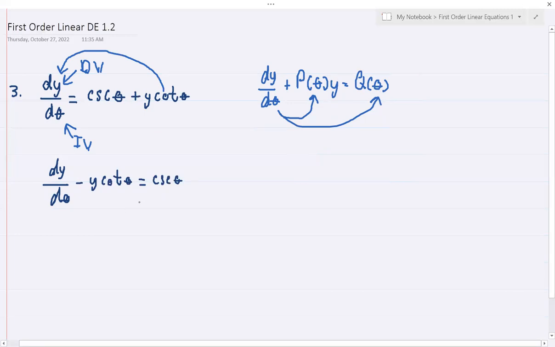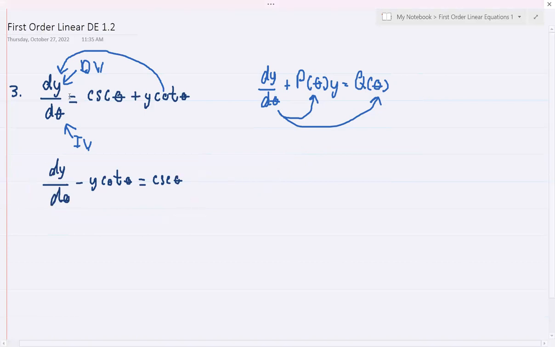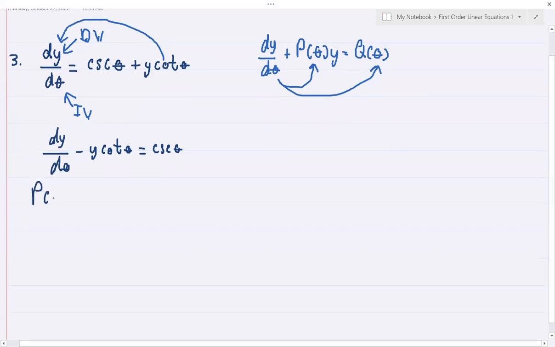Now, here we can easily determine what your p of theta and your q of theta are, because this is already in standard form. So what is your p of theta? Your p of theta is negative cotangent.